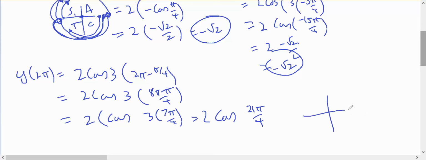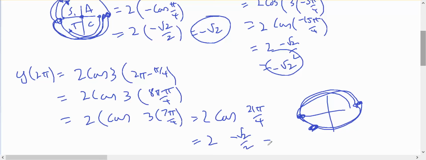Where is 21 pi on 4? There's 4, there's 8, there's 12, there's 16, there's 20. 21 pi on 4 is down here, which is 2 times negative root 2 on 2, which is negative root 2. So my endpoints and my y-intercept are all negative root 2.